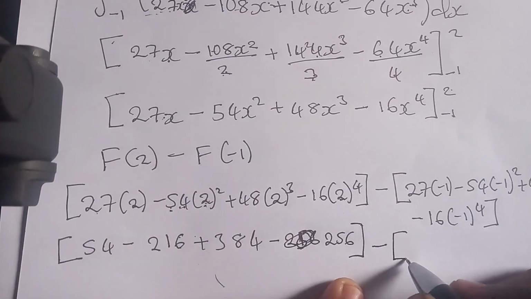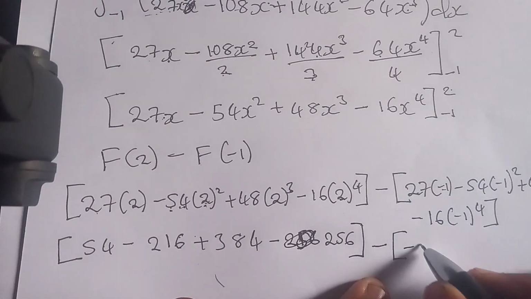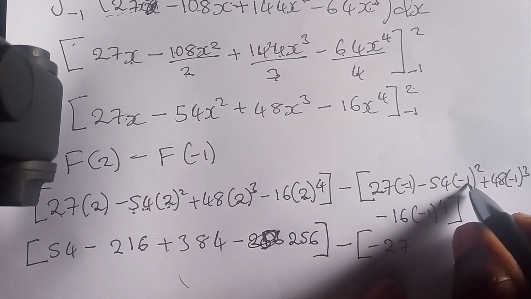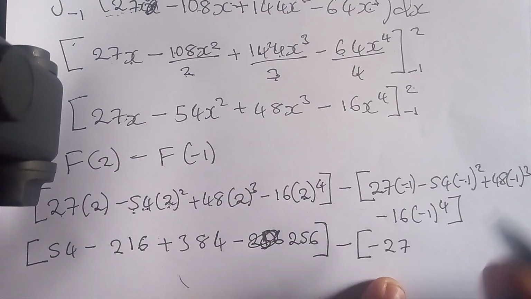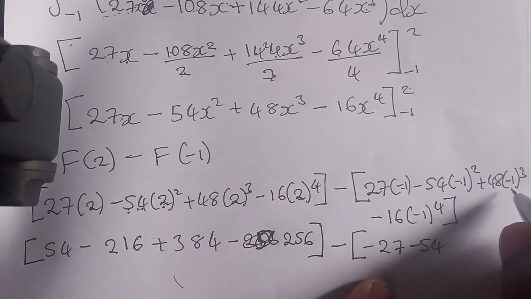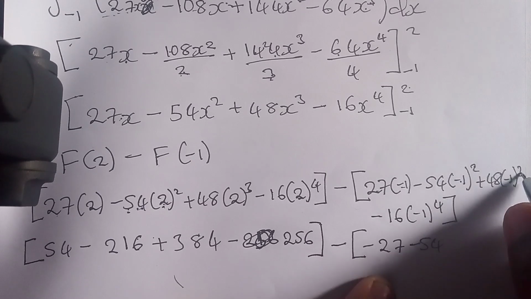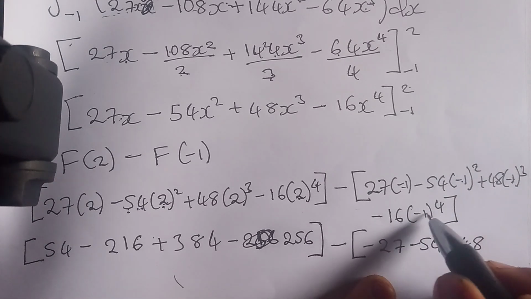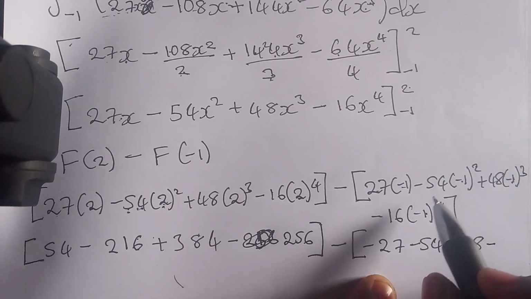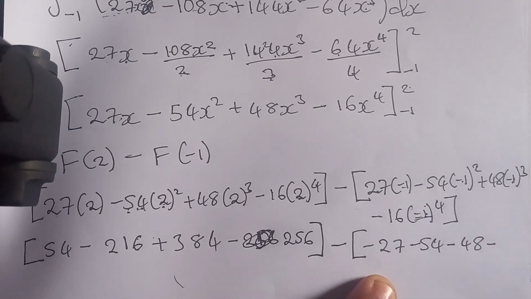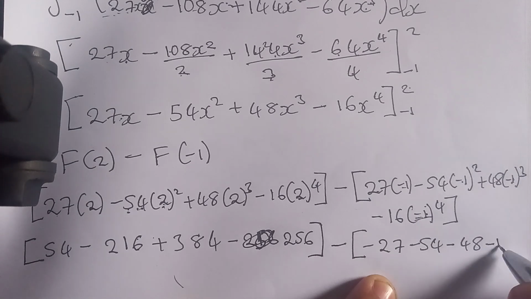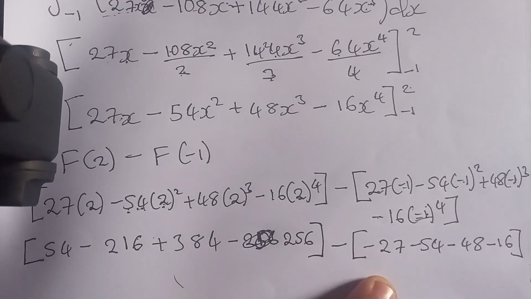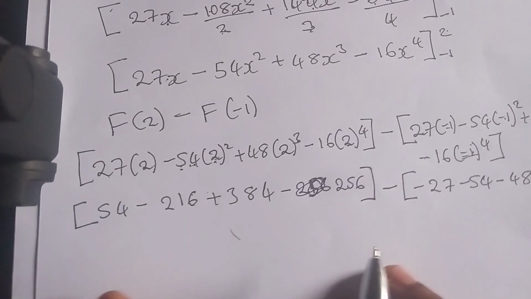Then minus this times this is negative 27. Because of the square, this will be 54. Because of the 3, this will be negative 48. Because of the even power, you expect this to be positive, so it won't have an impact on this.